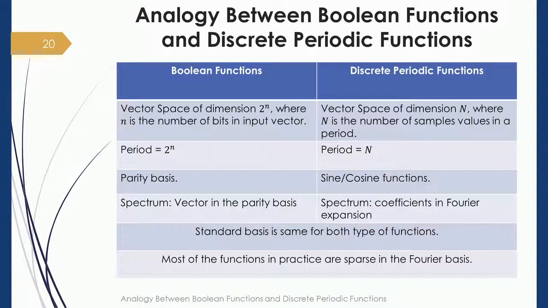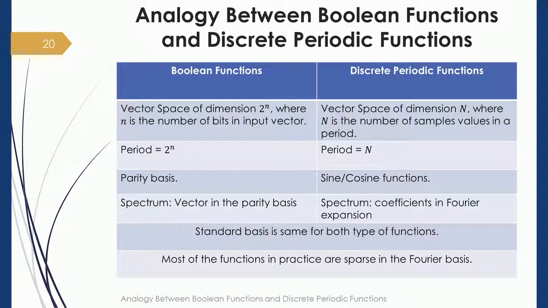We have already seen that Boolean functions form a vector space of dimension 2 power n, where n is the number of bits in the input vector. And similarly, a discrete periodic function is a vector space of dimension uppercase N, where that N is the number of sampled values in a period.